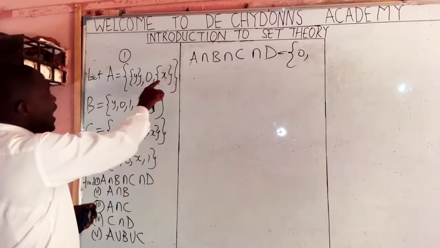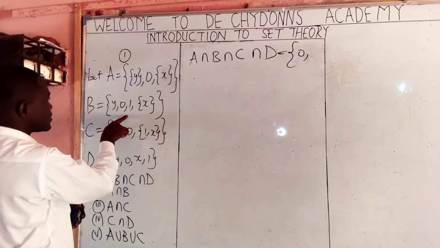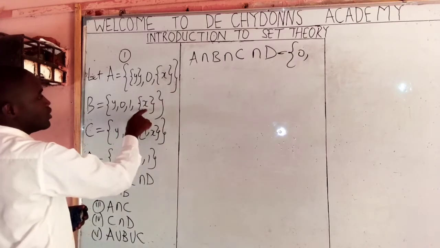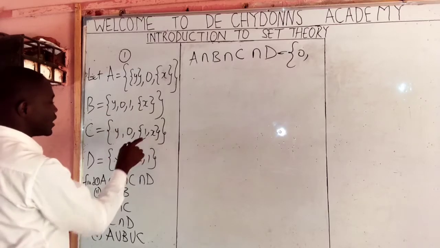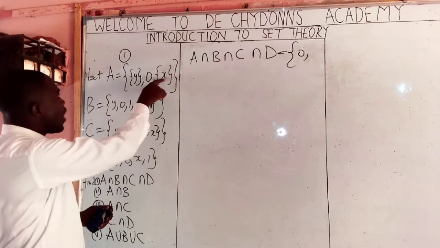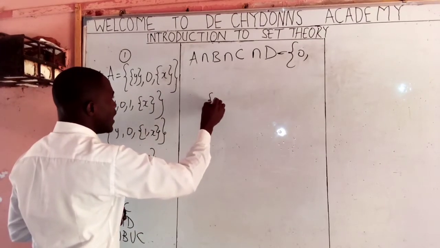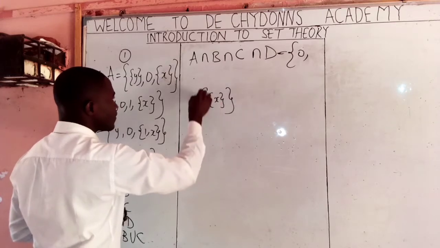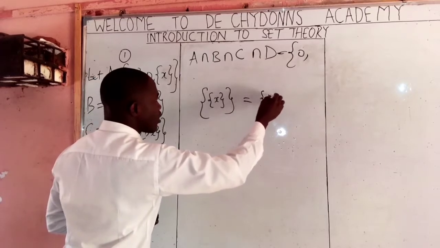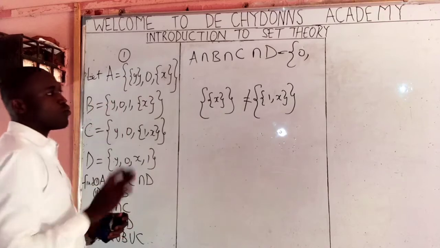You say 0. Now this S in curly bracket, do you see it in B? Yes. This S is in a curly bracket like the one in A, so they are the same. Do you see it in C? The one you see in C is not the same as the one you see in A and B. The one in A and B is only S like this, while the one in C is like this, 1, S. Please note they are not equal.